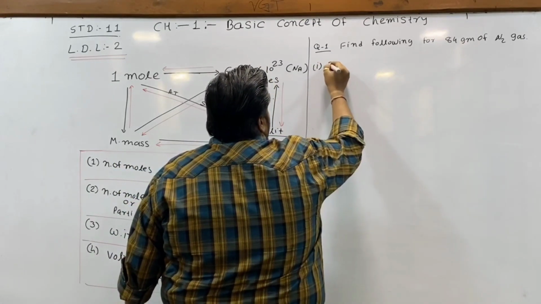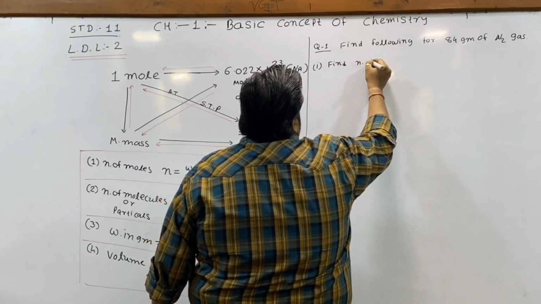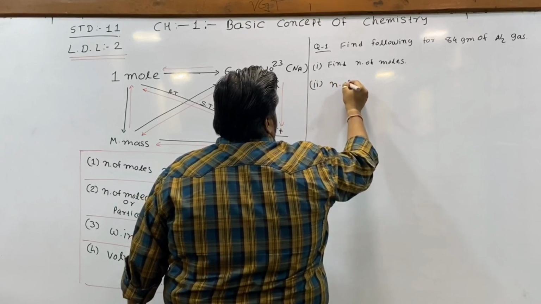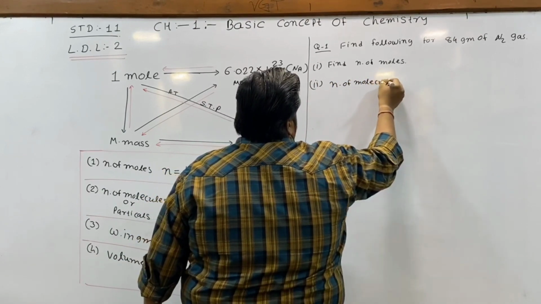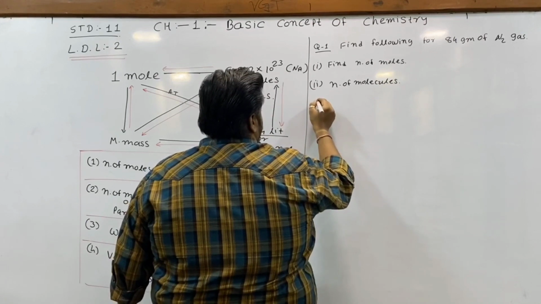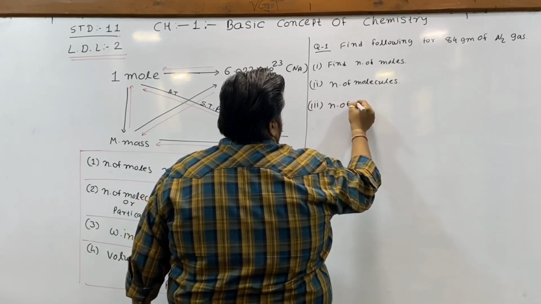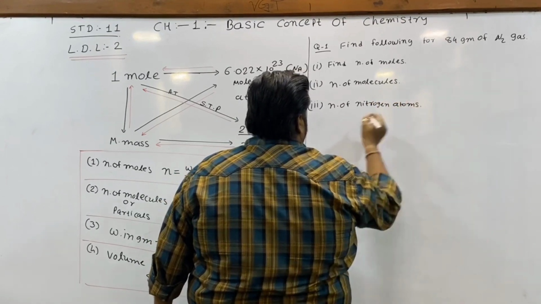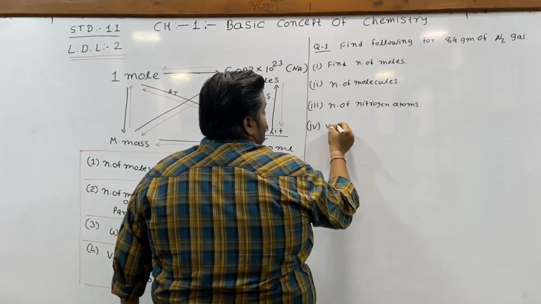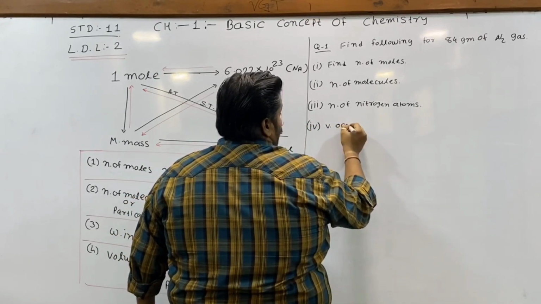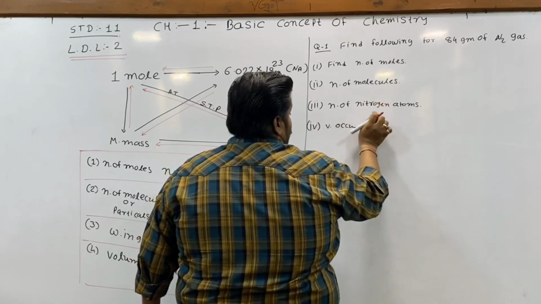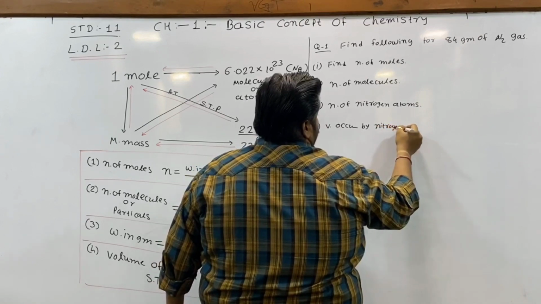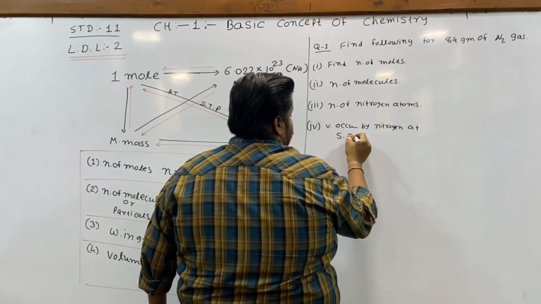Number 1. Find number of moles, number of molecules, number of nitrogen atoms, volume occupied by nitrogen at STP.